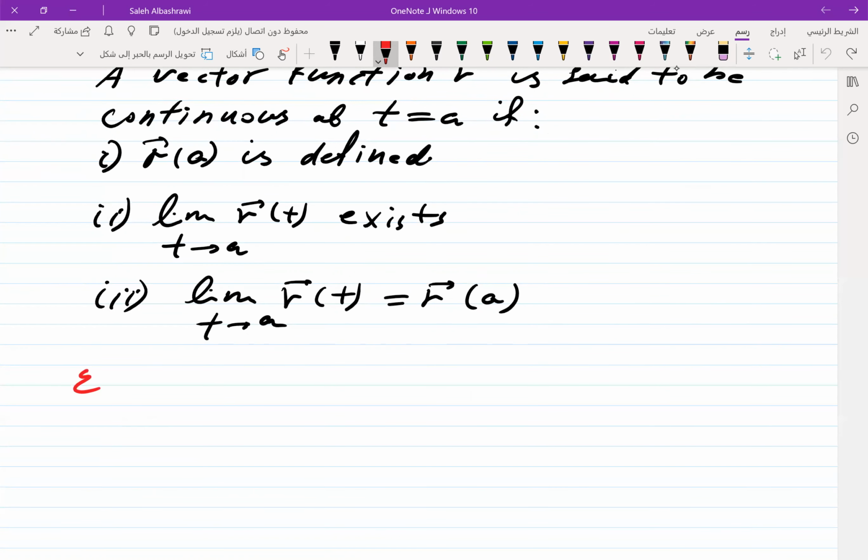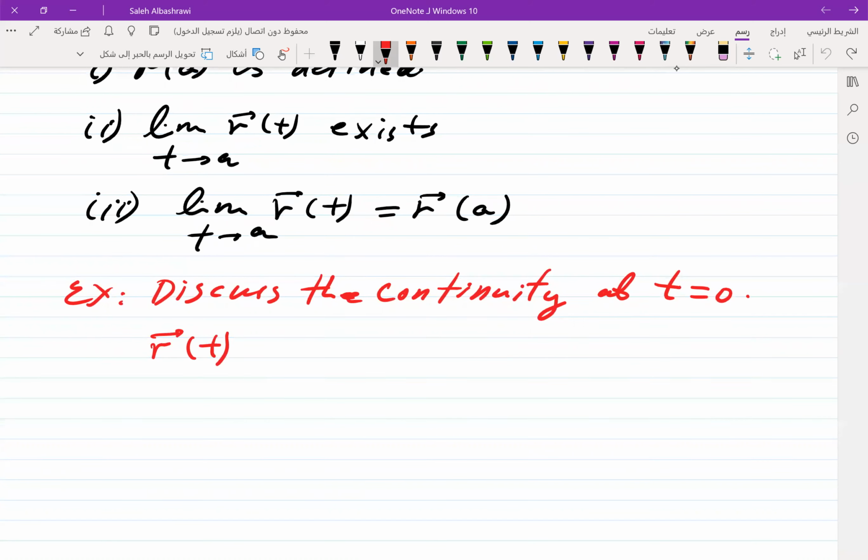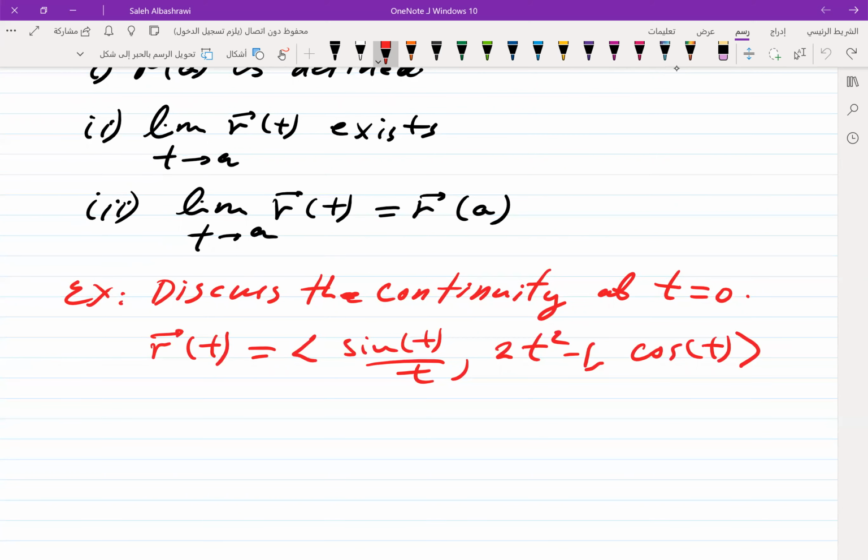For example, say that given the function r of t equal to the following, discuss the continuity of this function at t equal to 0.